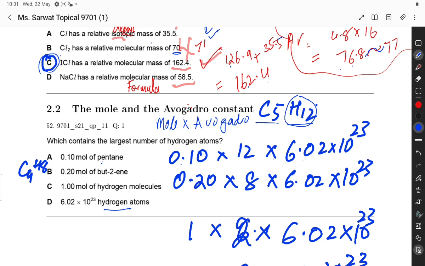So the answer is: 0.1 into 6.02 into 10 raised to 23, this is equal to 6.02 into 10 raised to 22.